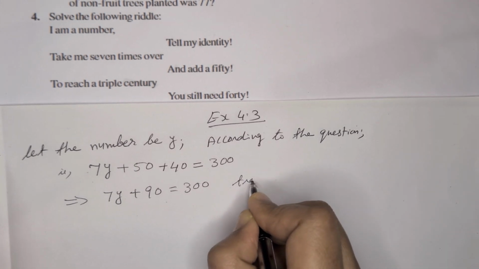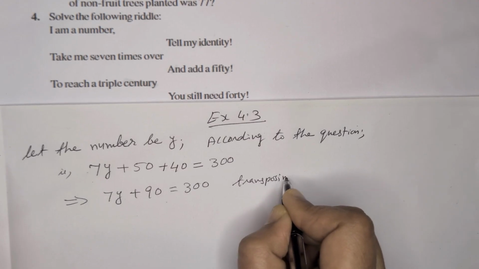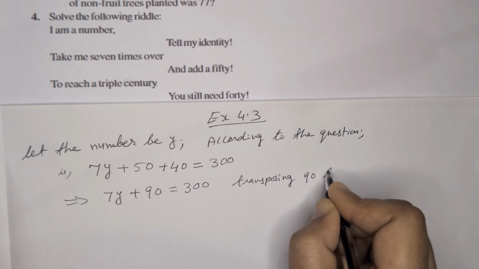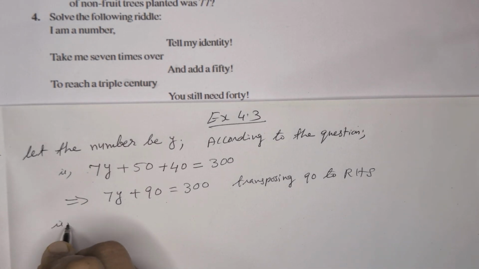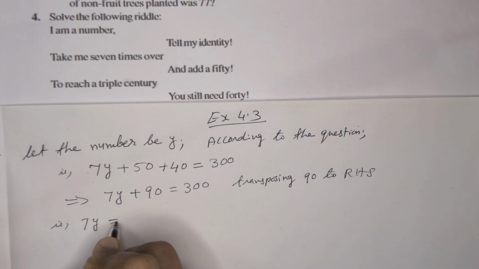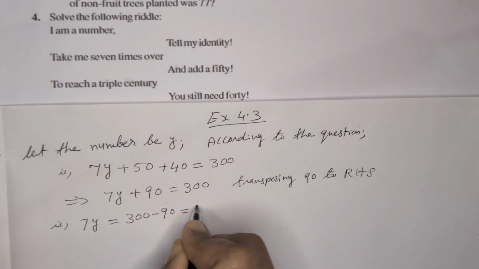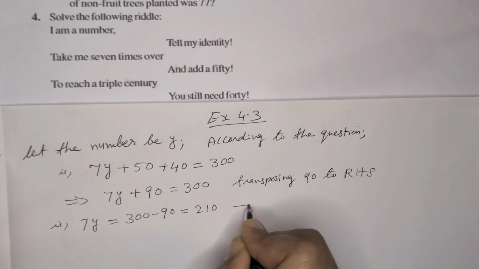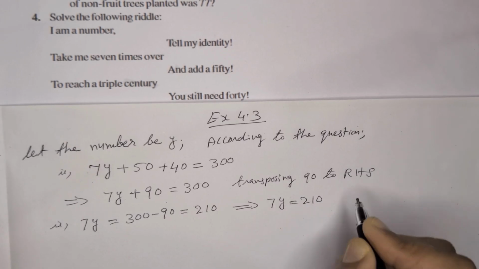Here, transposing 90 to RHS, that is 7y is equal to 300 minus 90, which is equal to 210. We can rewrite that as 7y is equal to 210.